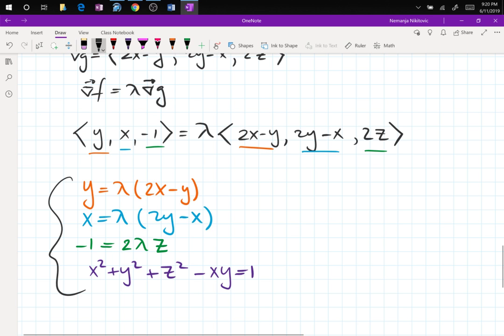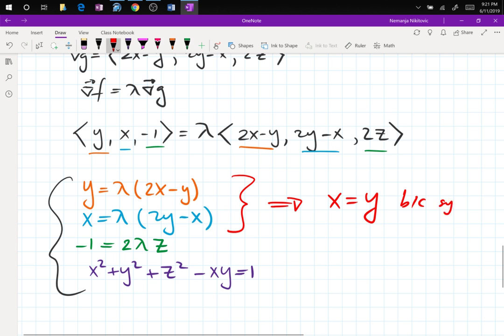Do you see how in the blue equation, if you swap x's and y's, you're getting orange? Or in orange, swap x for y, you are getting blue. If you have two equations with that behavior, they're symmetric equations, which means x equals y. So if you see symmetric equations, that immediately means x equals y.